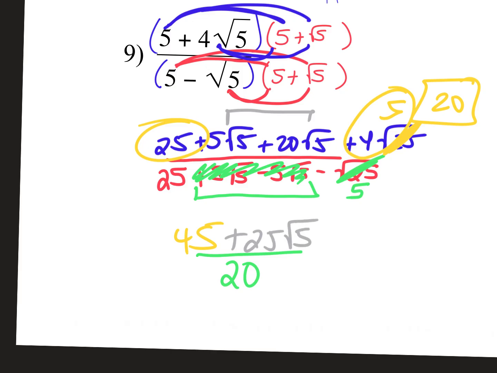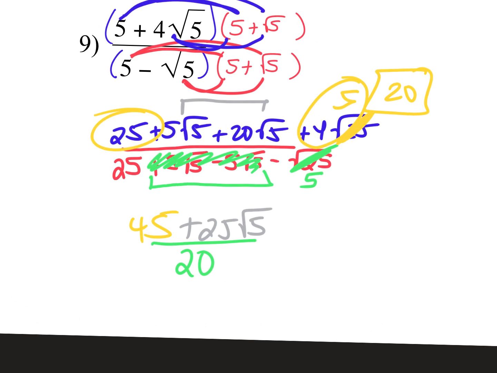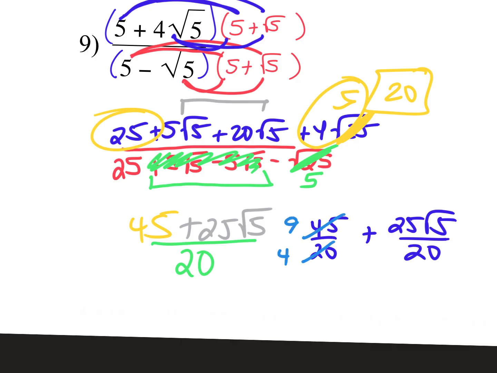Now, again, if you can get there, I'm super excited. But to go one step further and simplify, you split it up. So 45 over 20 plus 25 square root of 5 over 20. What number goes into both 45 and 20? 5. Okay, so 5 goes in here 9 times, 5 goes in here 4 times.